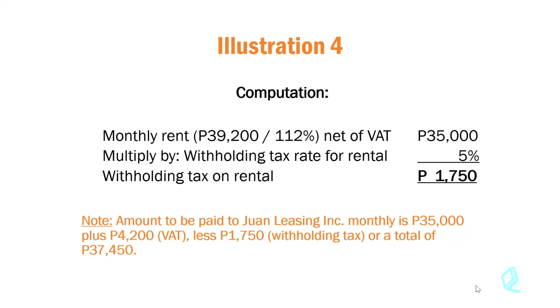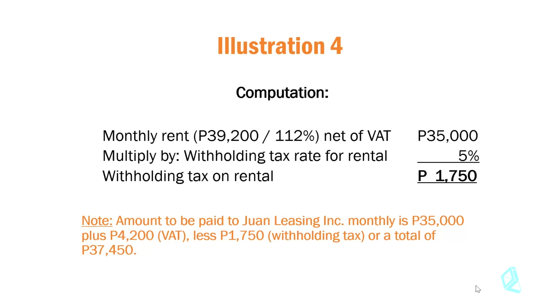So in this case, if you see the note below, the amount to be paid to Juan Leasing Inc. monthly is 35,000 plus 4,200 less the withholding tax. So you notice there you have 35 plus 4,200. So the gross amount that you will pay your lessor would be 39,200.